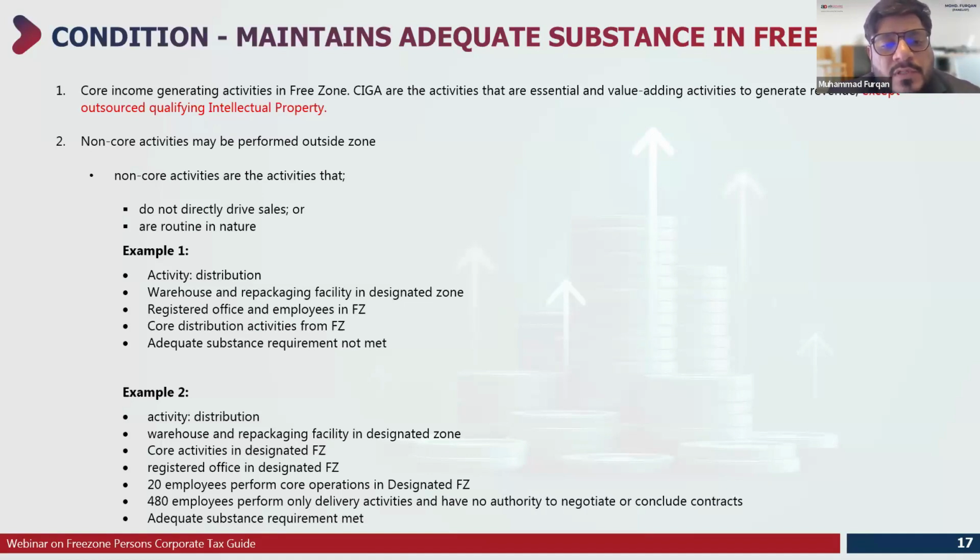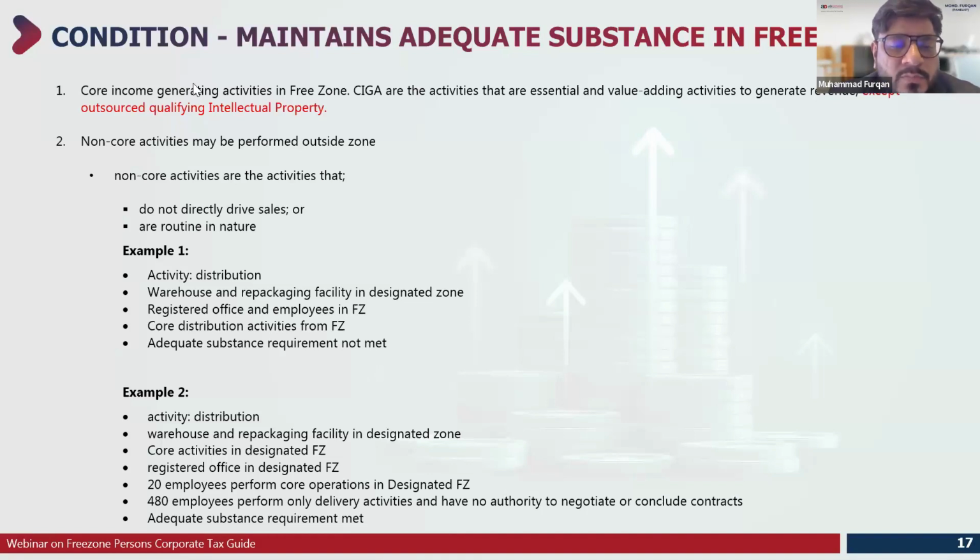Our registered office and employees are not in the designated free zone, but in another free zone. Our core distribution activities are also in a free zone, but not in the designated free zone. So since our registered office and core distribution activities are not in the designated free zone, here we will not meet the adequate substance requirement.